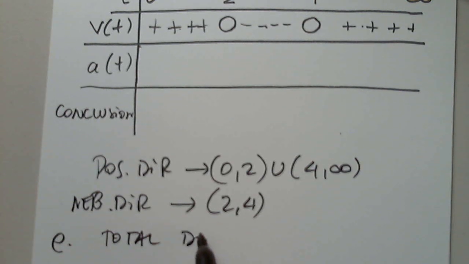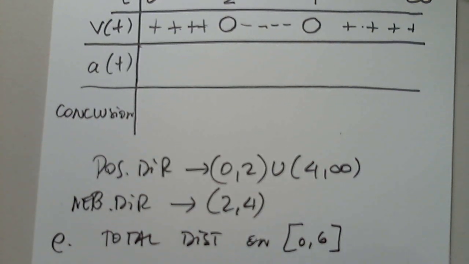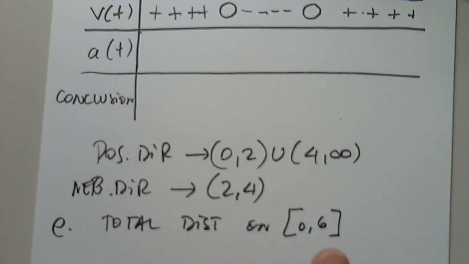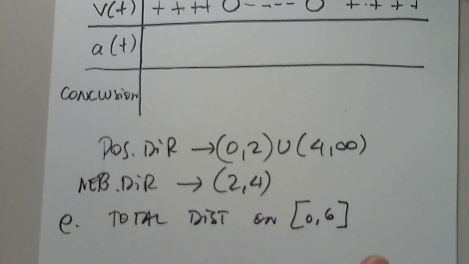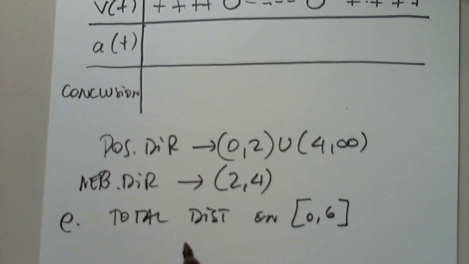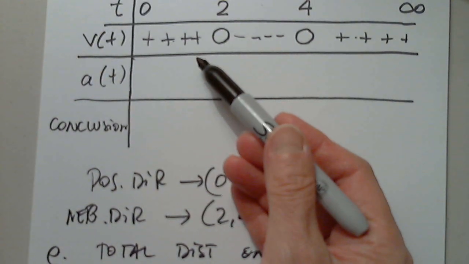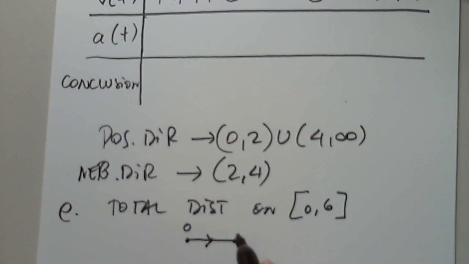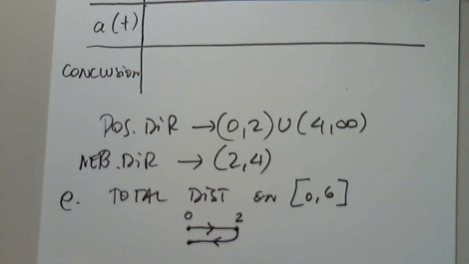Total distance on 0 to 6. So let's analyze what happens here. First of all, between second 0 and second 2, it's going in the positive direction. Between second 2 and second 4, it's going in the negative direction.